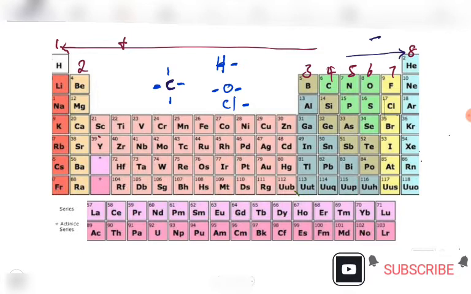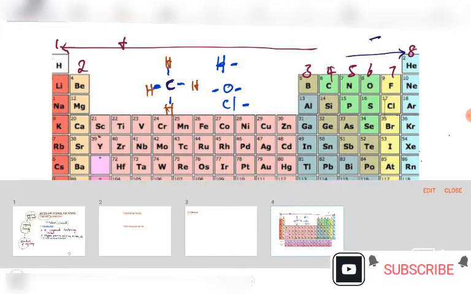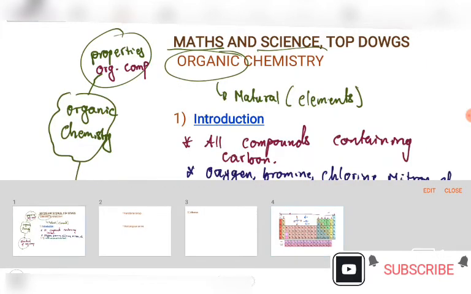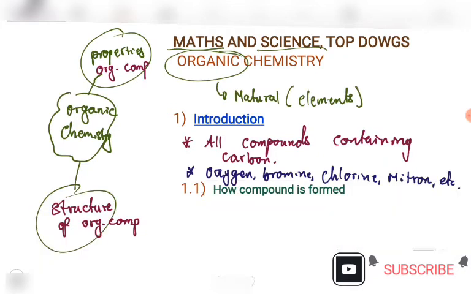If we bring 4 hydrogens here, 1, 2, 3, 4, therefore that's a compound. That's how you can form a compound, since carbon has 4.